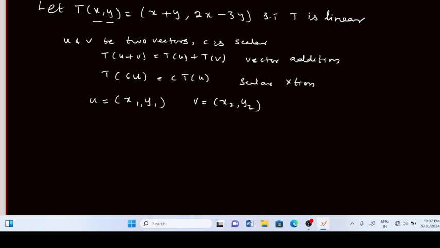According to the definition, u plus v is there, so we add these two. We add the first element with the first element, that is x1 plus x2, then y1 plus y2.